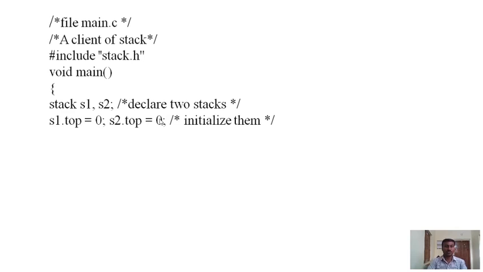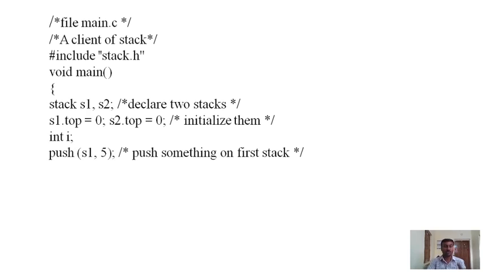With the help of these two objects, we call all the functions declared in the previous files, like s1.top, which you already declared in the second file, and then push from the first file.